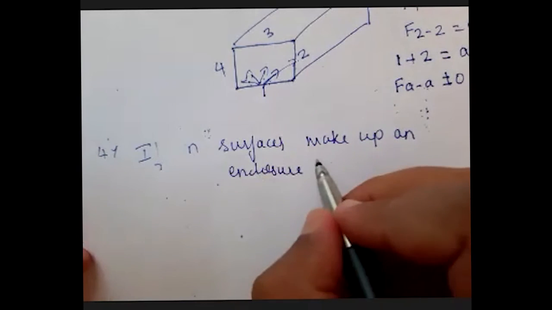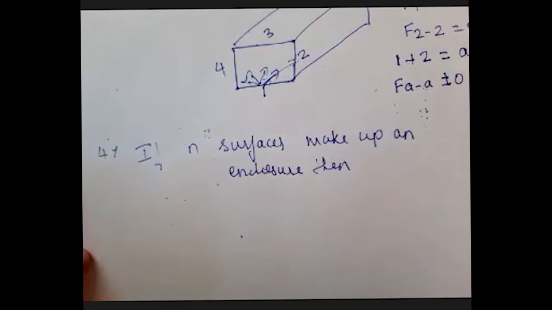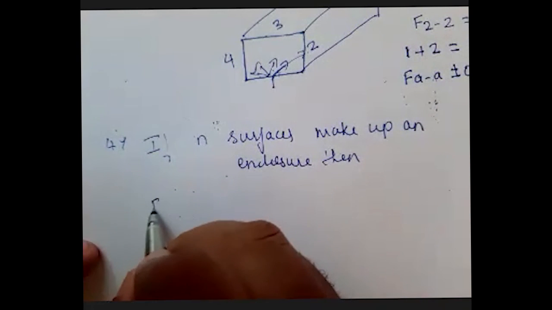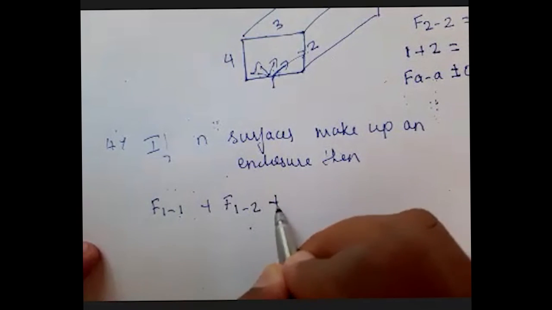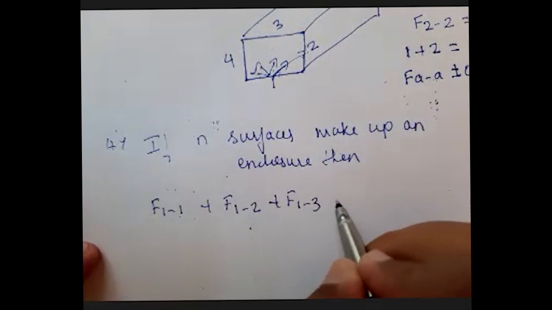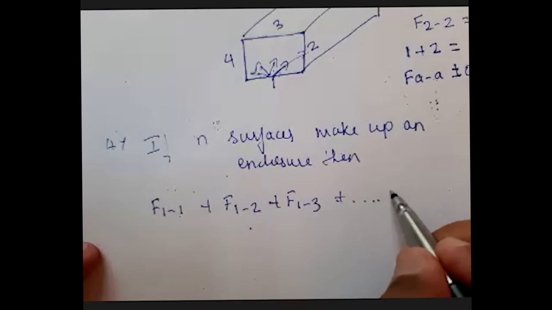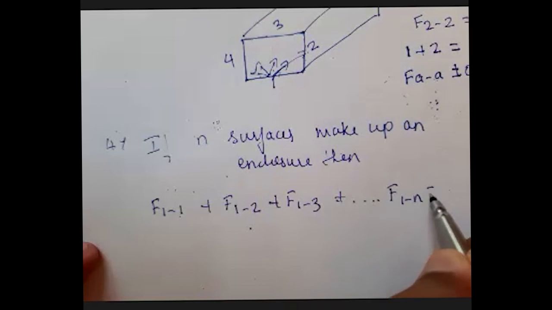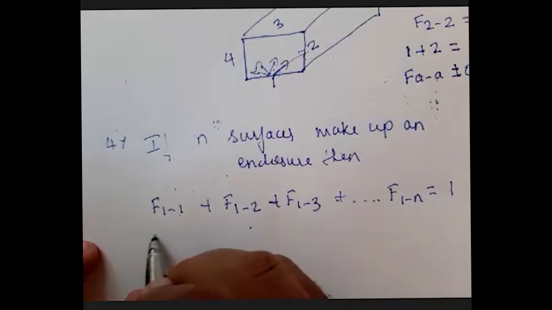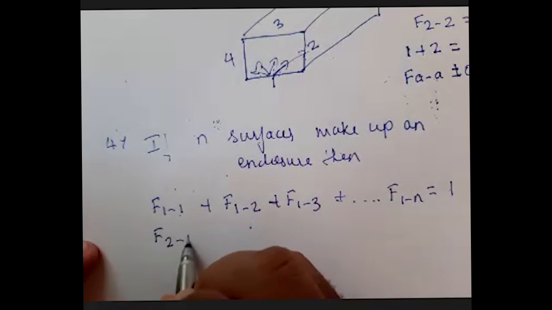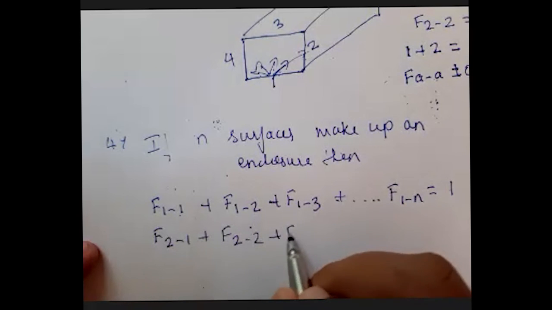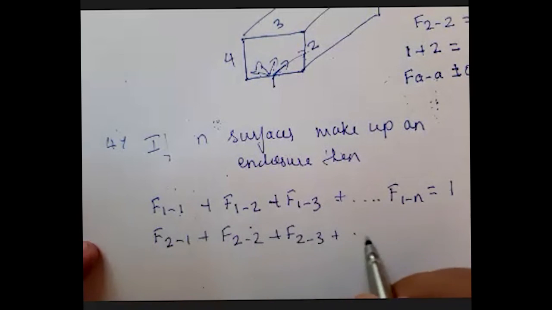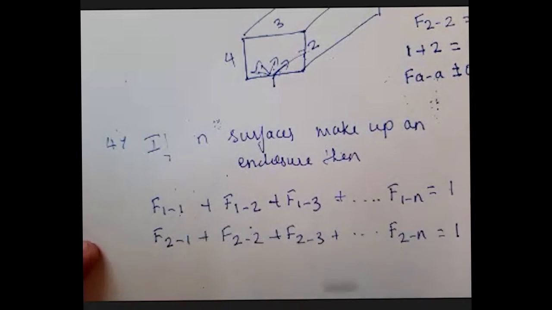Then we have F1-1 plus F1-2 plus F1-3, and so on till F1-n, will be equal to 1. On a similar background, F2-1 plus F2-2 plus F2-3, so on to F2-n, will be equal to 1.